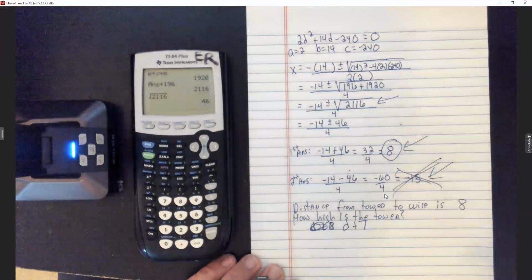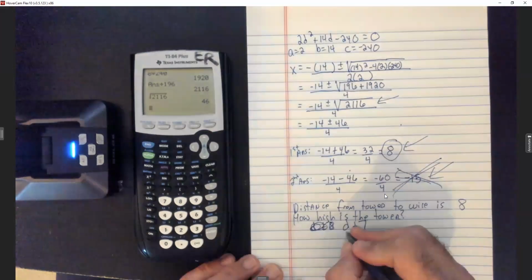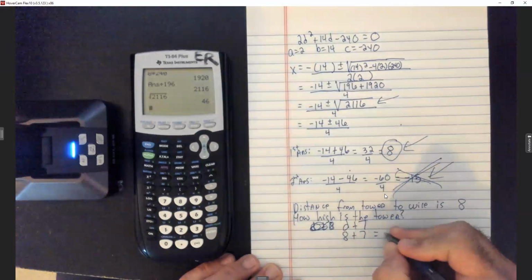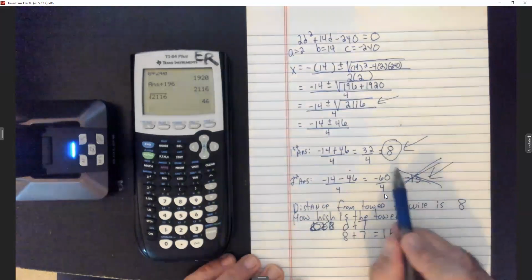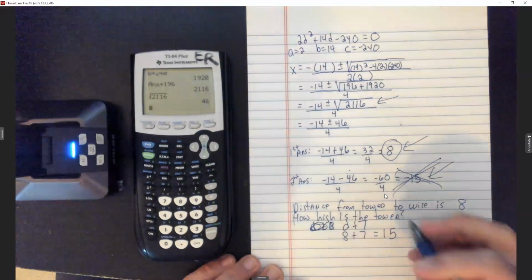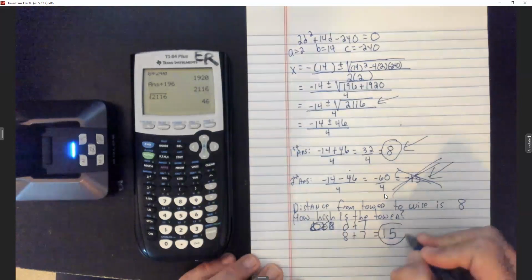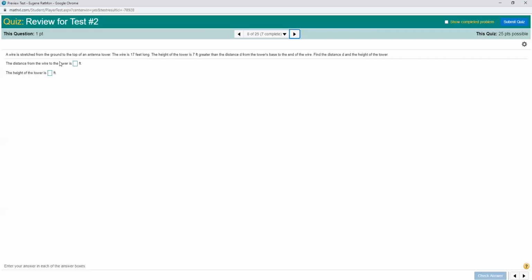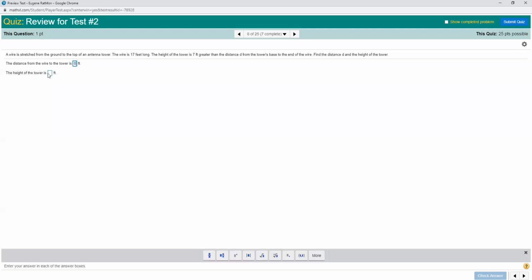We know D was 8, so that's 8 plus 7, which gives us 15. So the distance was 8, and the height of that tower was 15. We would go put that in. Notice they don't have two blanks here, so we needed 8 for that one and then 15 for the second one.